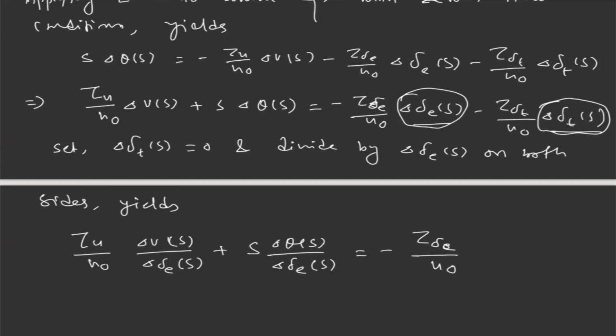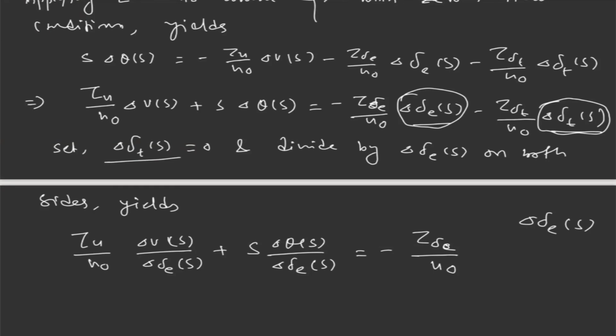So here we are actually looking at how delta U(S) and delta theta are going to be affected by the application of control input delta_E(S). So we are not considering the thrust vectoring here, thrust control or propulsive force to the system.